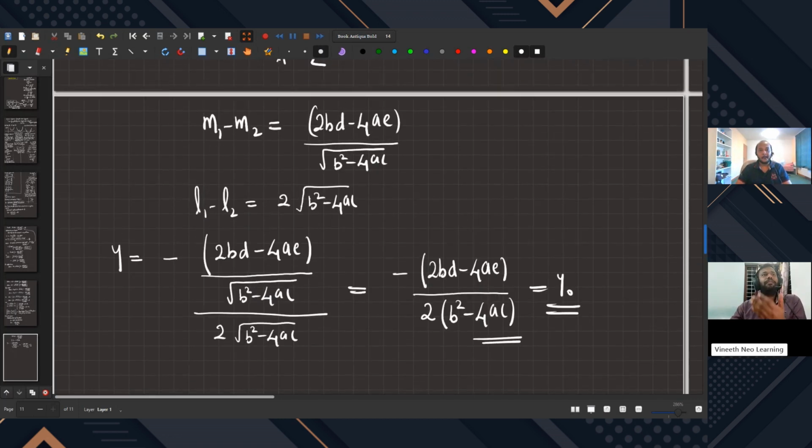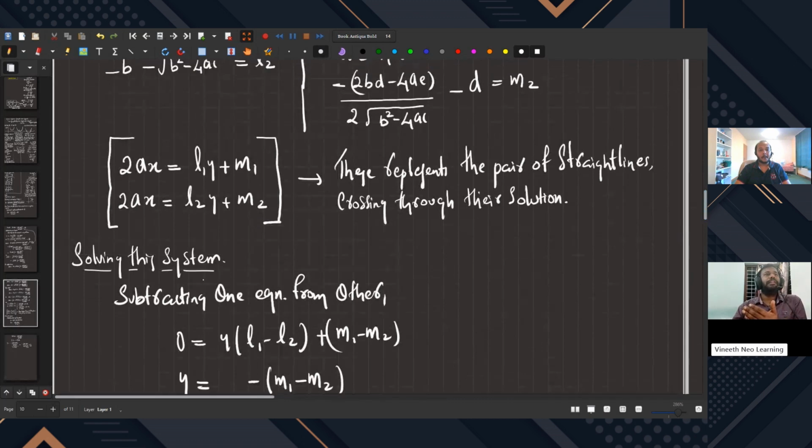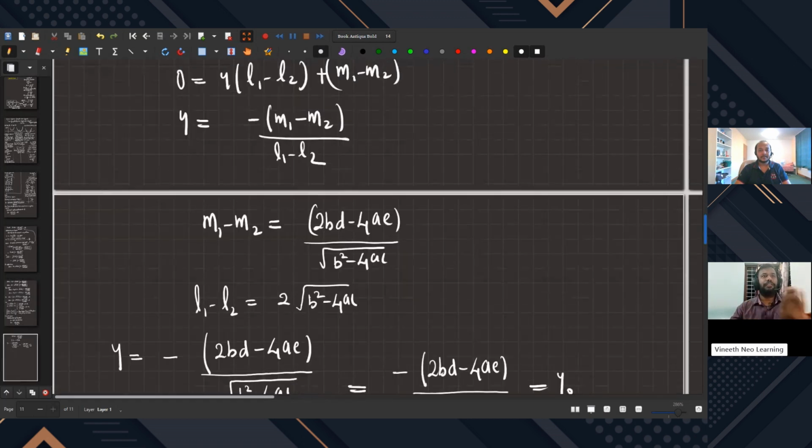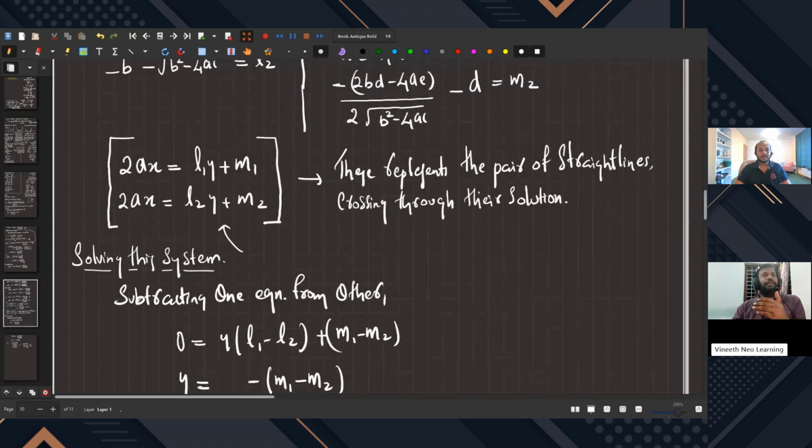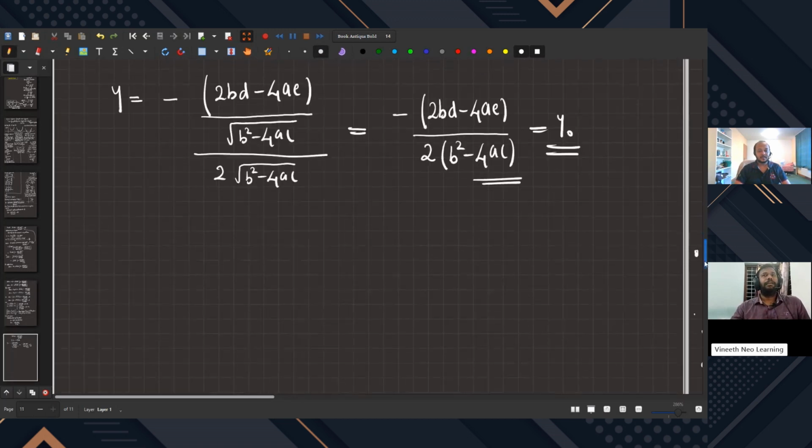For y equal to y naught, you can similarly find the value of x by substituting the value of y in any one of those equations.